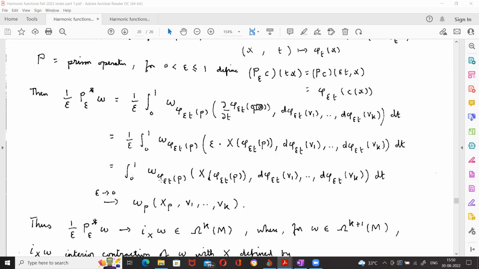This phi epsilon t will become phi 0, which is the identity. The derivative of the identity is just the identity, so this will become v1 to vk. So the whole thing tends to omega at p applied to x at p comma v1 to vk. Is this clear?